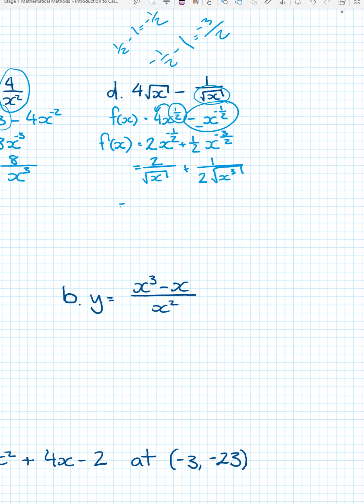Now we can simplify this further down because x cubed is the same as x squared times x, which means that we can square root this first x squared. So we end up with 2 over the square root of x plus 1 over 2x times the square root of x.